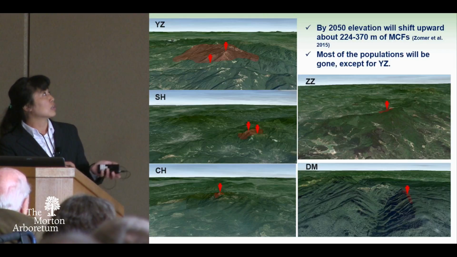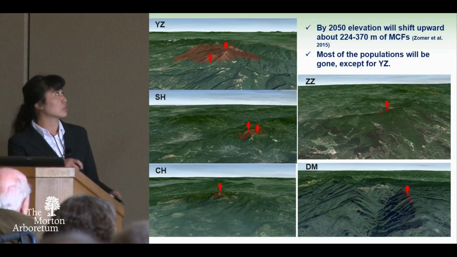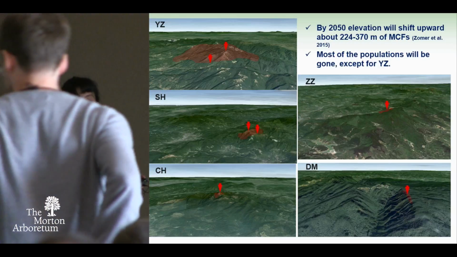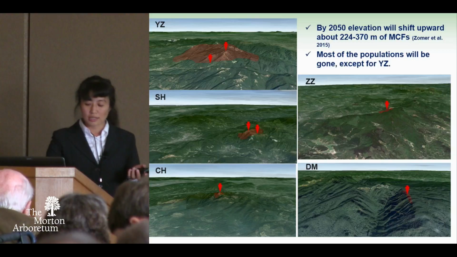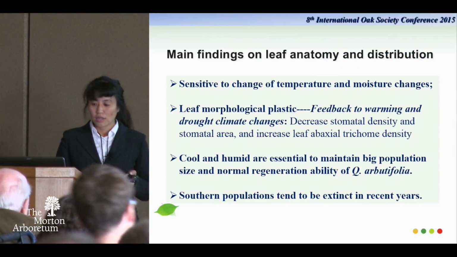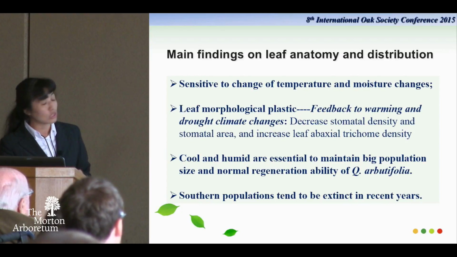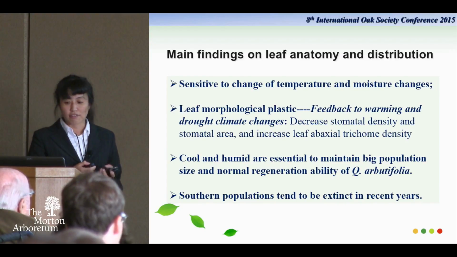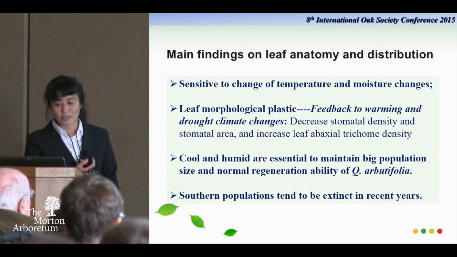This is the Yizhang population, because it has the elevation, about 200 meters, and probably can still survive and maintain a very small population in this location. So the main findings based on the leaf anatomy and distribution are that those habitats are very sensitive to temperature and moisture changes.